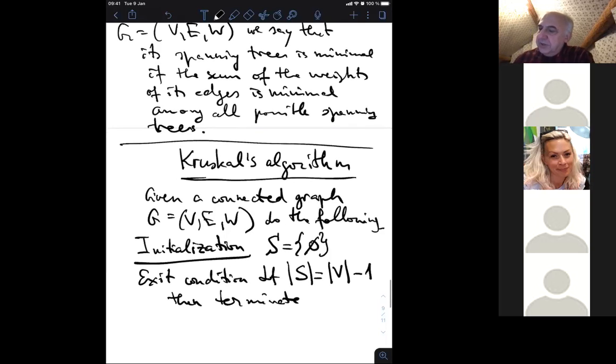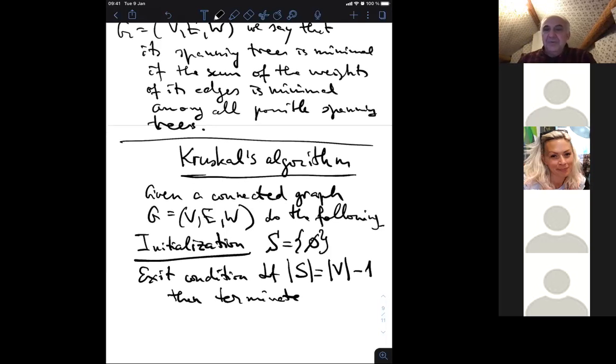So once we picked the number of vertices minus 1 edges, then we're done. Then our tree is created already.